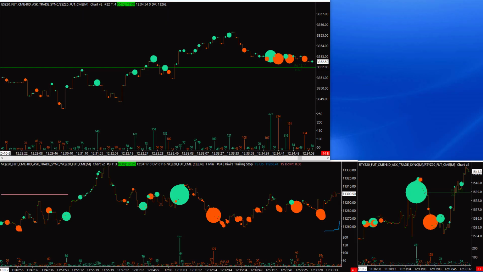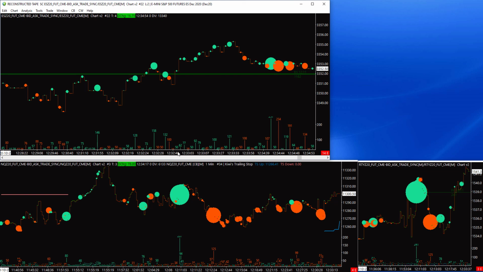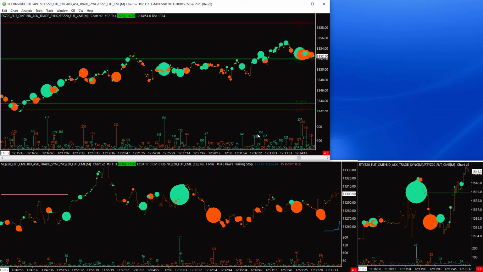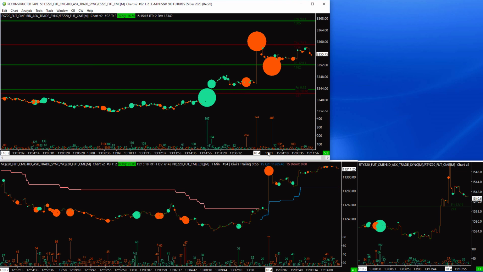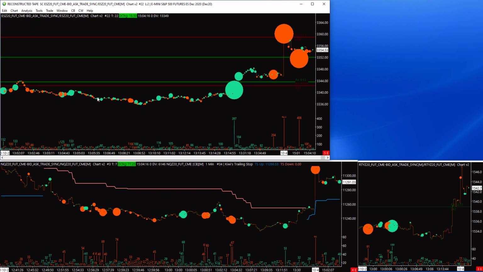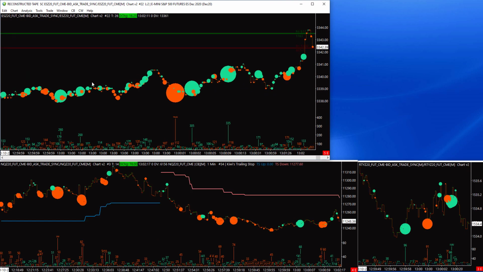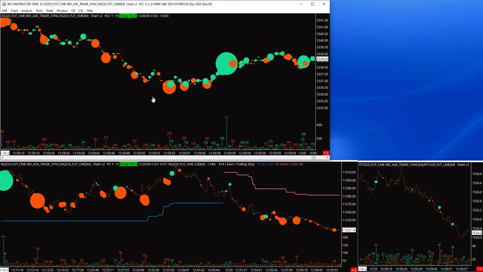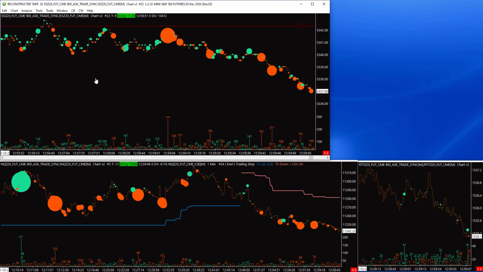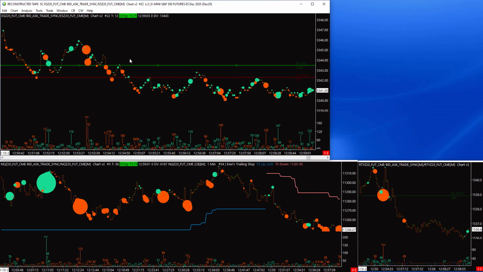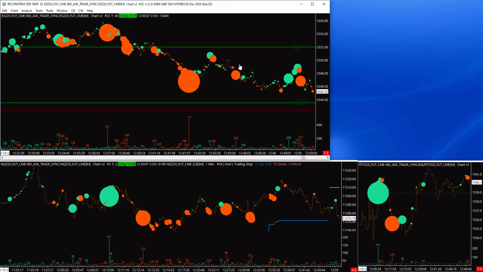I just closed my little tape, but you want to start seeing, I'll just scroll over to the right. So at the lows, let's see if we can find a good example. So these are not great because it's towards the end of the day.